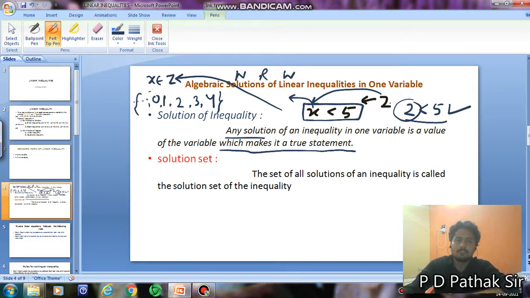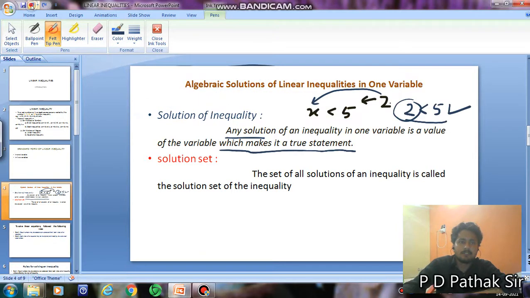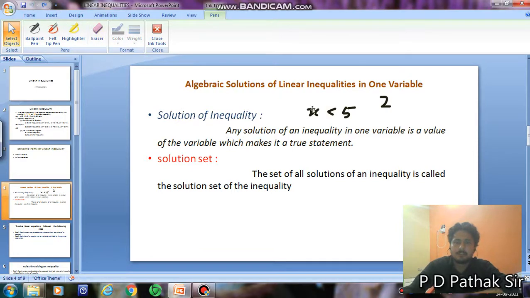Using all these we can find the solution of a linear inequality. So what is the definition of solution of an inequality? Solution of an inequality means a value of the variable which makes it a true statement.